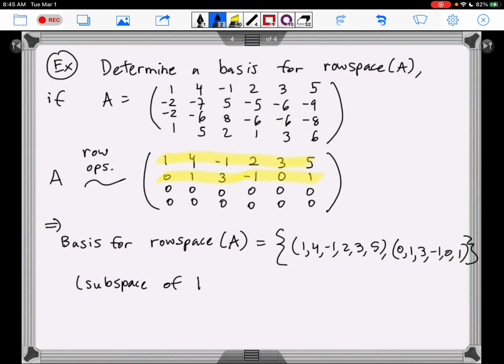This is a subspace of R6. So it's a two-dimensional subspace of R6. And notice also that the dimension of the row space of A, the problem didn't ask us for this, but we can write this down. The dimension of the row space of A, of course, is 2, right? Because there are only 2 vectors in the basis.